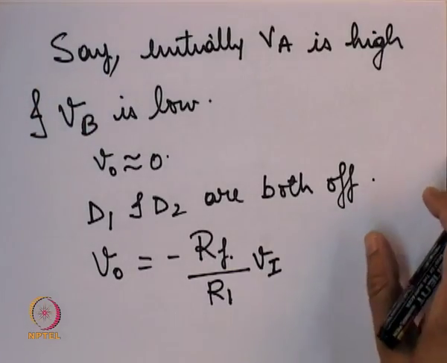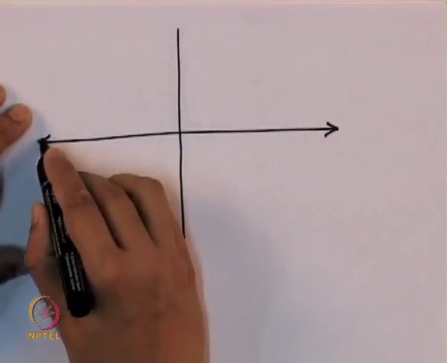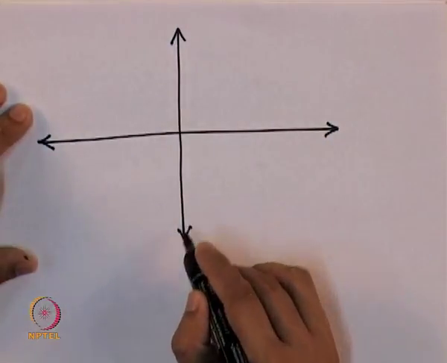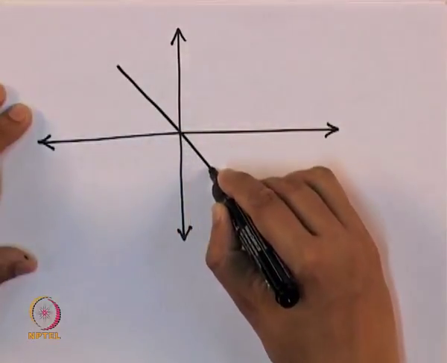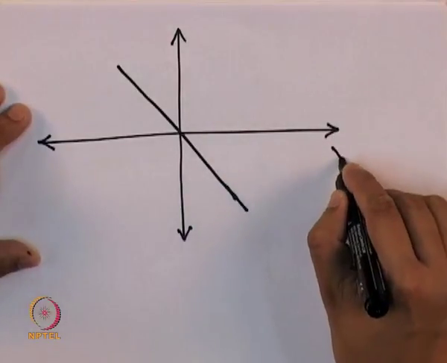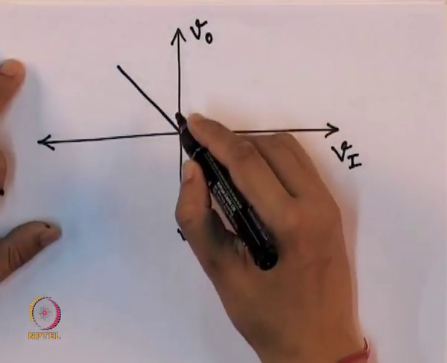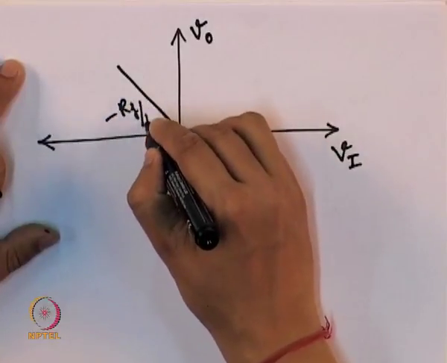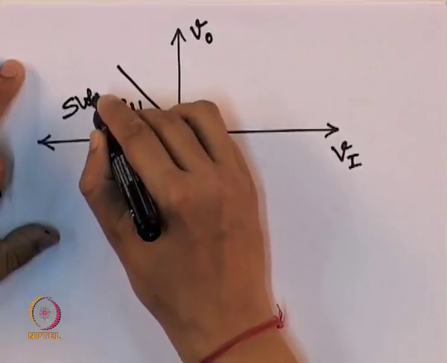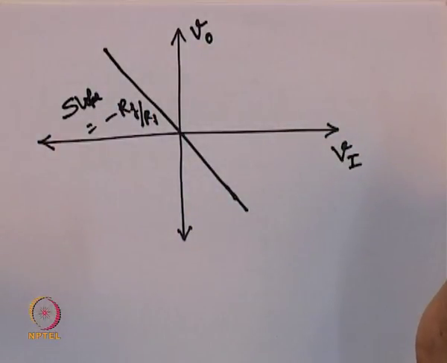So then how will it look? If I draw the input output characteristics, how will they look if both D1 and D2 are off? It will be like this.